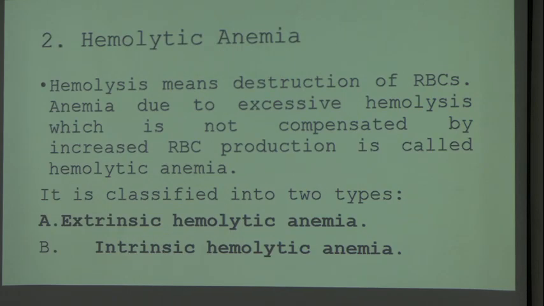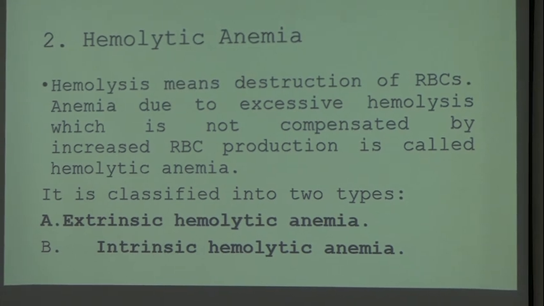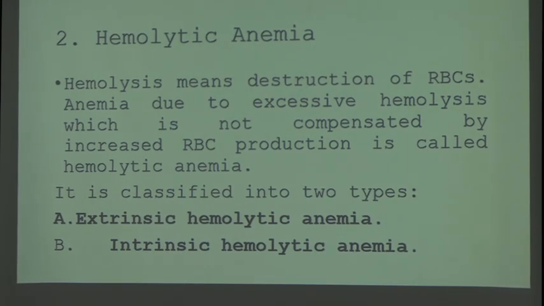When the blood cells are released, they may be normal or abnormal. These normal blood cells may face an awkward environment around them, and this environment can damage the cells and cause hemolysis. They can damage or destroy the red cells.